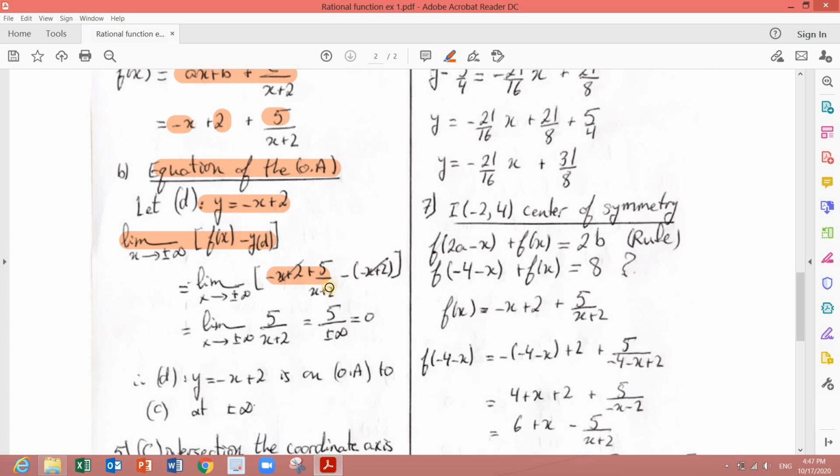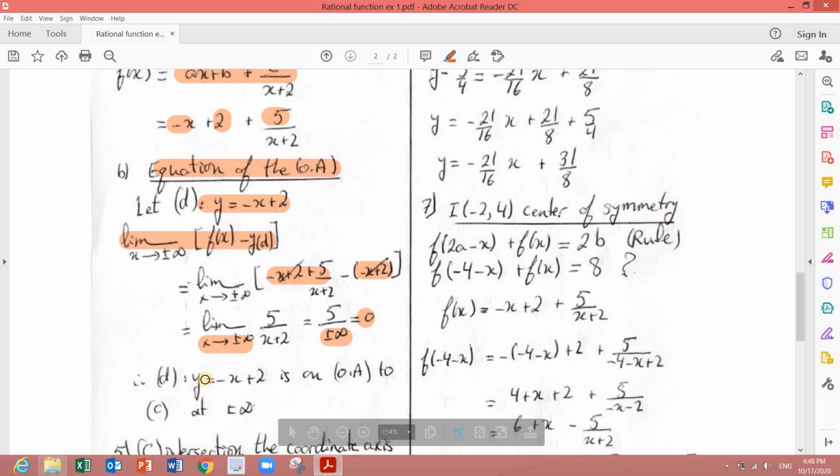Minus x plus 2 plus 5 over x plus 2, minus y_D, which is minus x plus 2. Minus x plus 2 minus minus x plus 2, they cancel, remains 5 over x plus 2, limit as x tends to plus or minus infinity. We remove the limit, we get 5 over plus or minus infinity, which is 0.